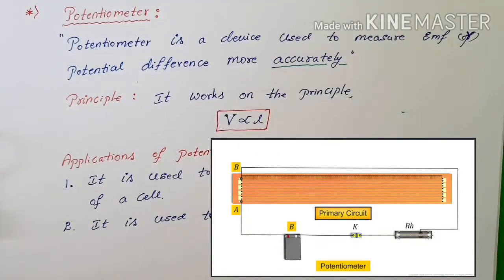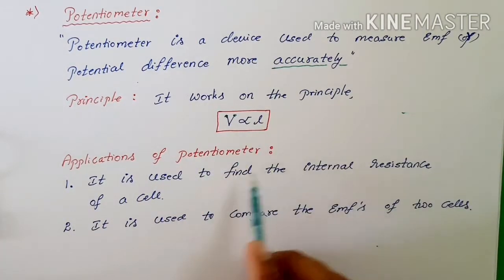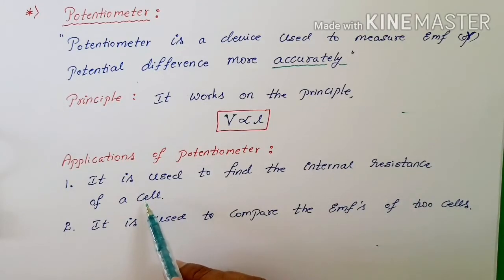In a potentiometer we can expect the wire length from 1 meter to 10 to 15 meters, so it has multiple wires on it. The practical applications of the potentiometer: it is used to find the internal resistance of a cell. You will do this in practical.